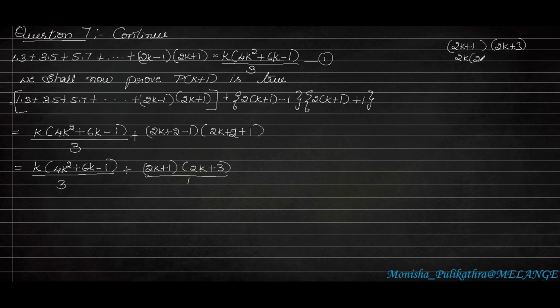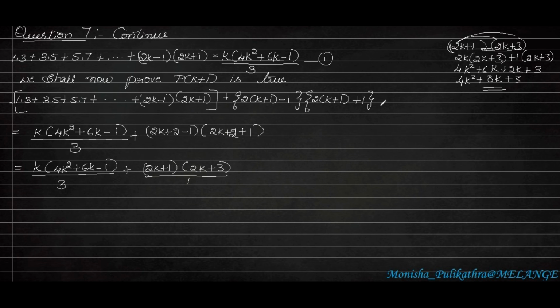So we have to multiply it first. 2k into 2k plus 3, and here the remaining plus 1 is there, so plus 1 into 2k plus 3. We have to multiply each term to both the digits, and again 1 to both the digits. So 2 into 2 is 4, k into k is k square, plus 2 3s are 6k, plus 1 into 2k is 2k, plus 1 into 3 is 3. So this will become 4k square plus 6k plus 2k is 8k, plus 3.